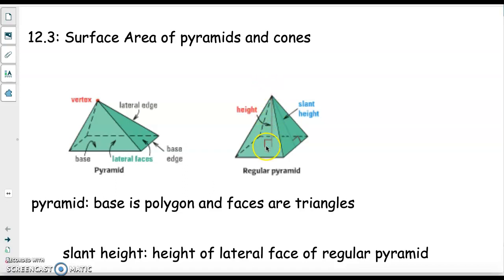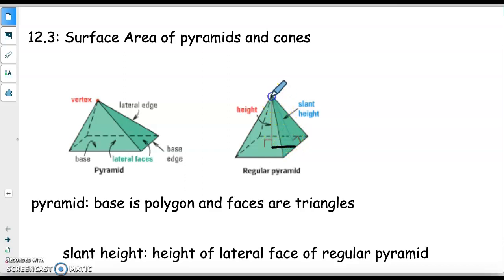We can look at the height, and then we can also talk about the slant height, which is the height up that side on an angle. And so usually if it's a regular pyramid, we see that there's a right triangle that's formed here. Let me see if I can draw it in for you. So this would be the base of a right triangle.